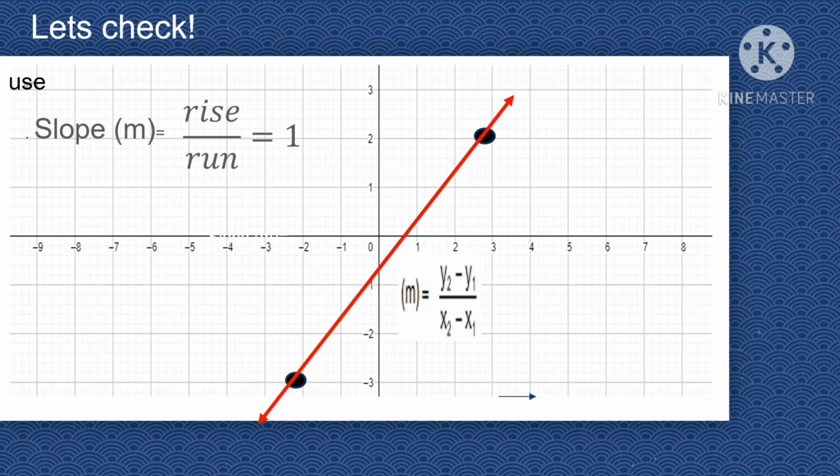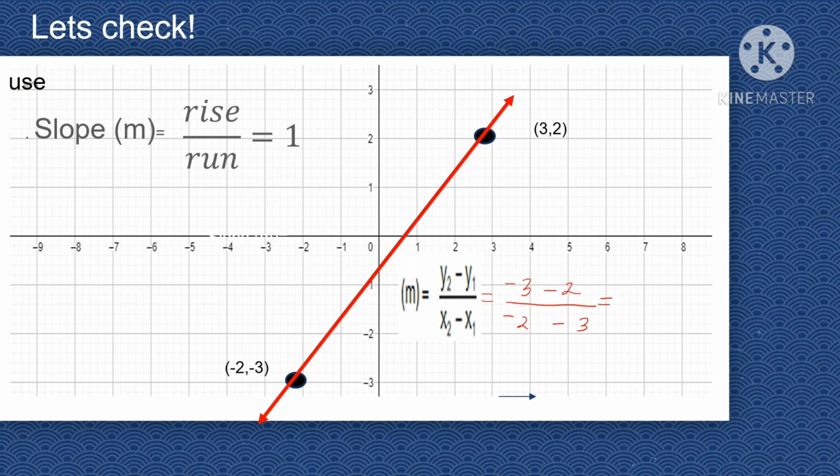With the coordinates of the point on top, which is 3, 2, and the coordinates of the point below, which is negative 2, negative 3, all we have to do is substitute into the formula. Now, if 3, 2 is our first point and negative 2, negative 3 is our second point, we can have negative 3 minus 2 over negative 2 minus 3.